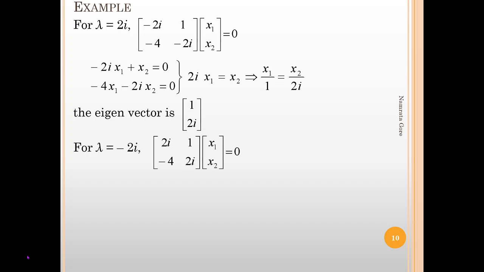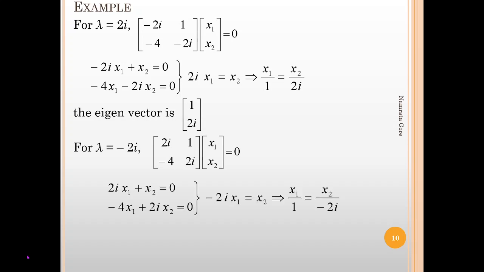For lambda equal to minus 2i, again substituting the value of lambda and solving the equations, again the coefficient of x2 is 1, so here we divide by 2i. When we divide it by 2i, it becomes minus 2 upon i. Multiplying and dividing by i, it will give us 2 into i. So solving, our next eigenvector is 1, minus 2i.